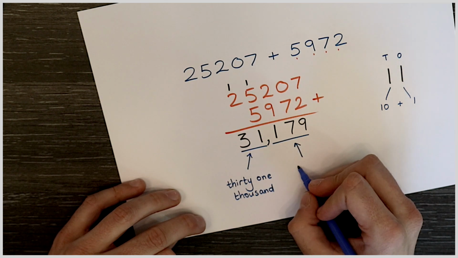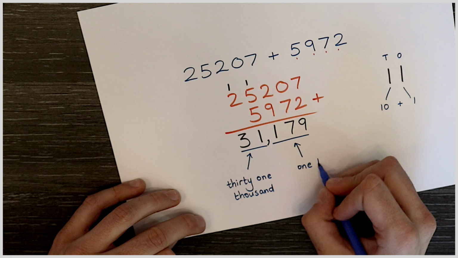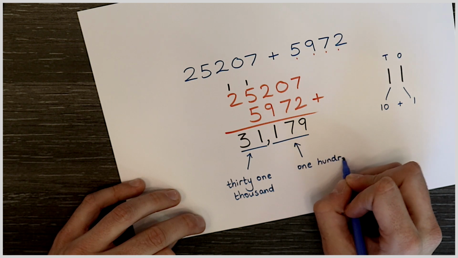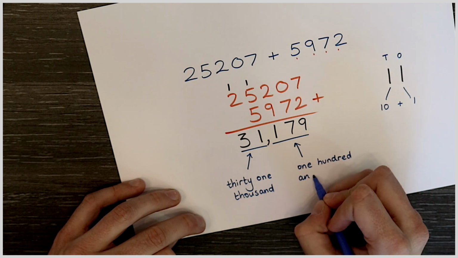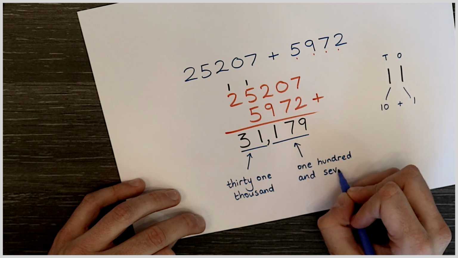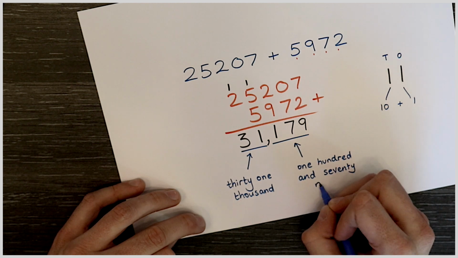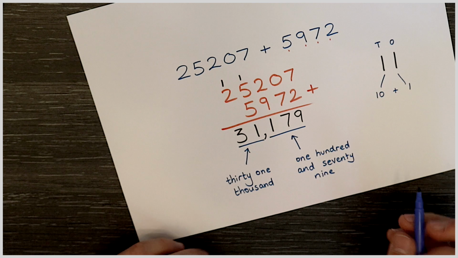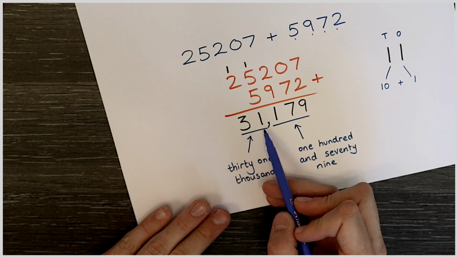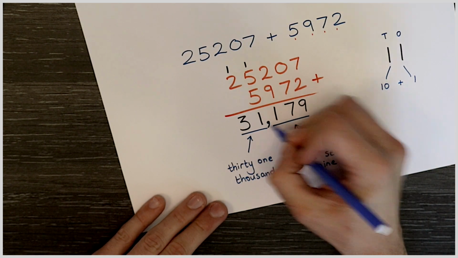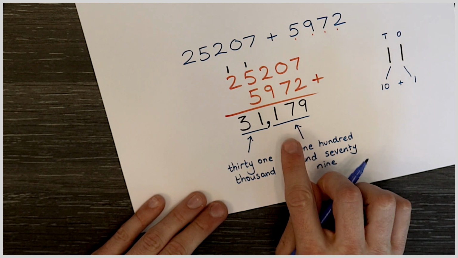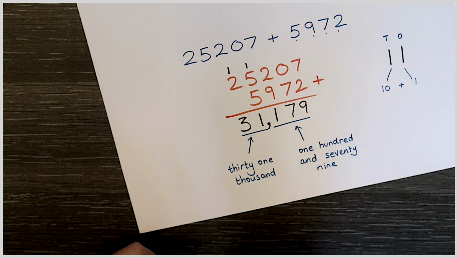And then this is going to be 179. So when we say it, 31,000, there's our little break. We've used a comma. 179, and that helps us with reading.